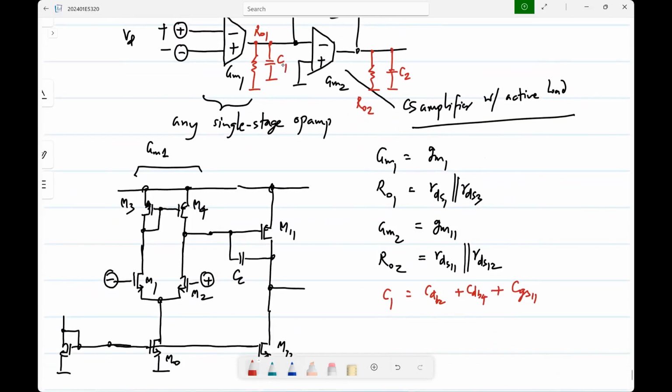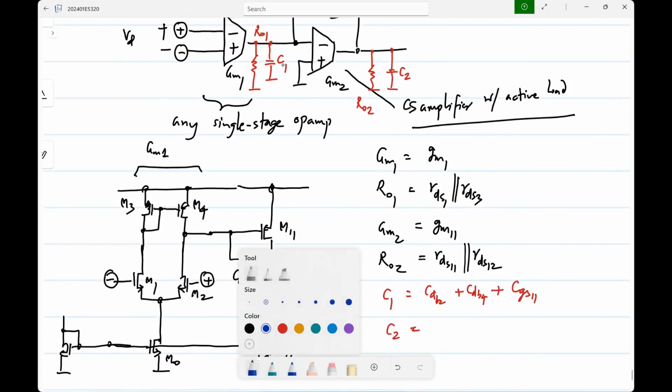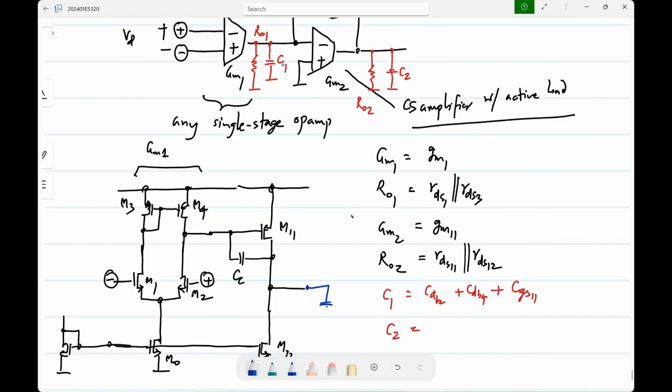What about this capacitor C2? Keep in mind that you could have some load connected to the output. So let me add that. This op-amp in its application could be driving some load like this, RL and CL. What will RL change?